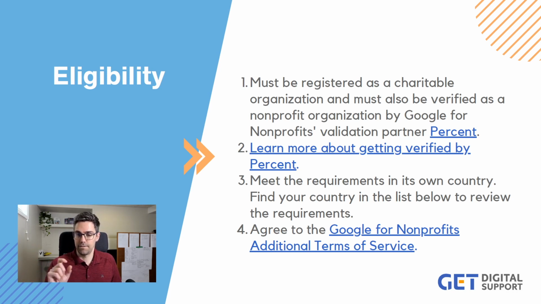And there's more information at this link about getting verified by Percent, what's involved in that. Number 3, meet the requirements in your own country, which in Canada is just that you are a charity as defined by CRA, and then agree to the Google Nonprofits additional terms of service.